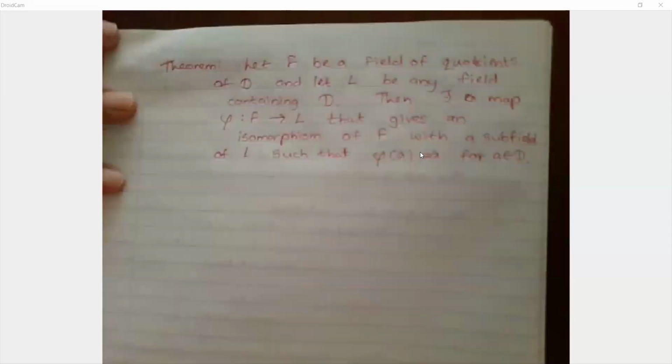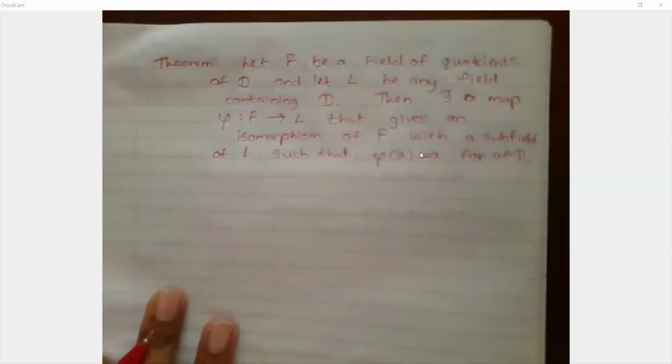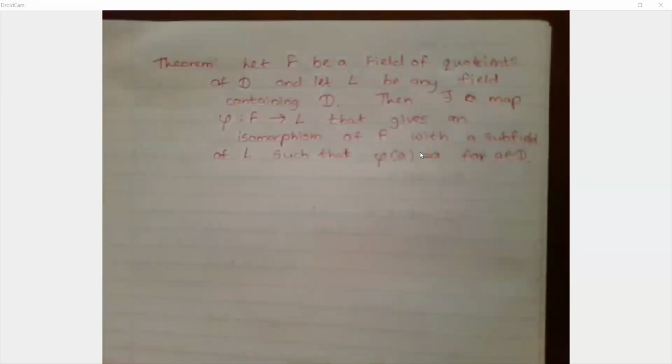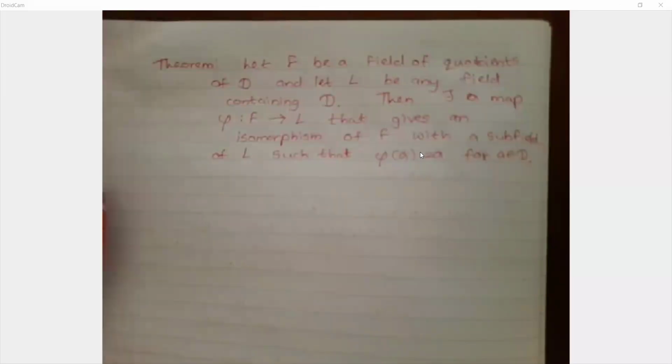So we start with the field of quotients F of D. Then we take another field containing D. Then we say that there is a map between these two fields that gives an isomorphism of F with a subfield of L so that phi of A is equal to A for all A in D. So phi is the identity map over D. Okay. So what does it mean?